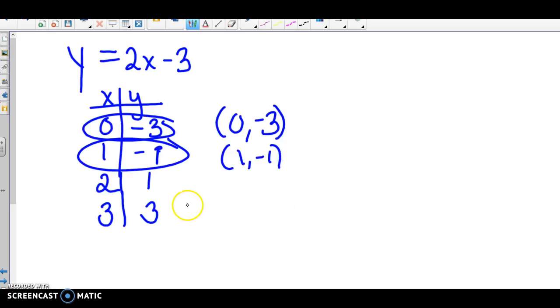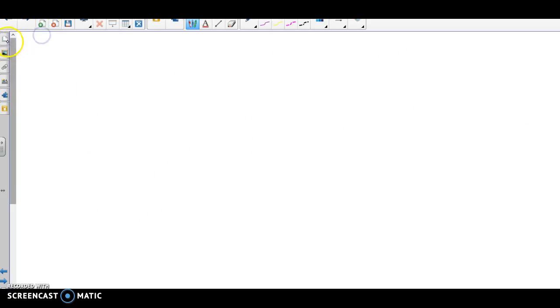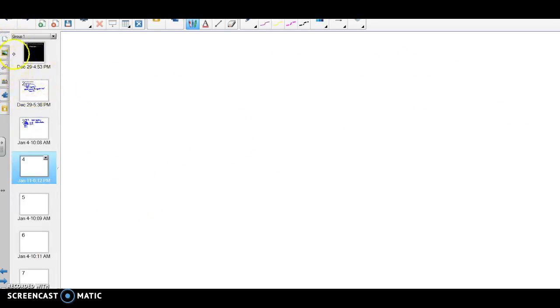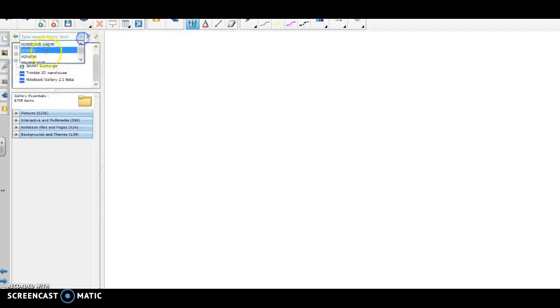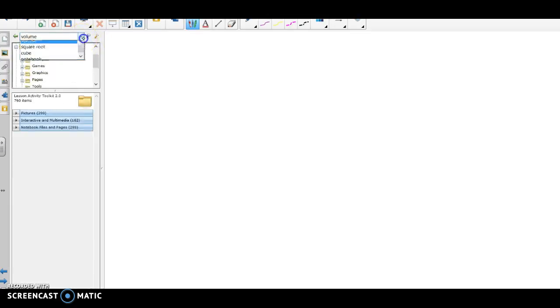So in a linear equation, that's an xy equation, the solutions are points on the line. So if I graphed this, y equals 2x minus 3, the points that are the solutions to it, let me pull up a graph here. Whoops, sorry. My stylus doesn't want to work today.